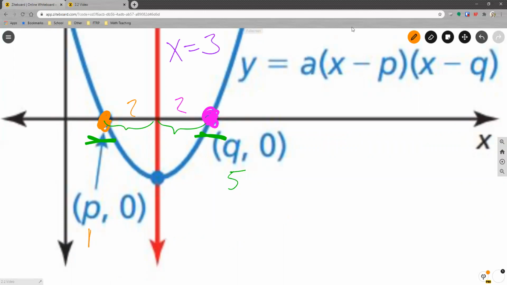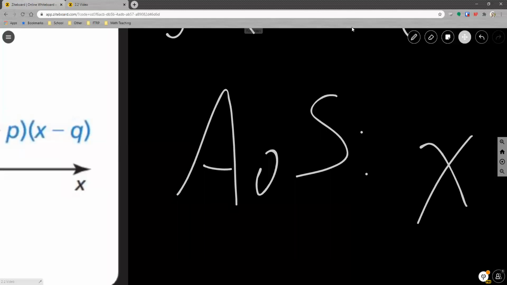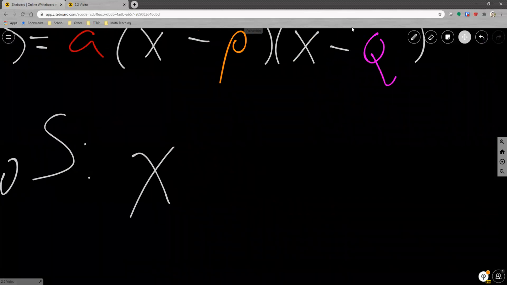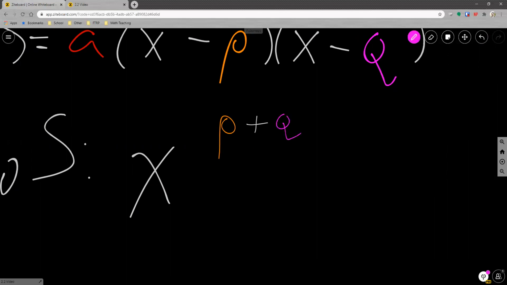So that axis of symmetry is always going to be exactly in the middle between the two x-intercepts. What that means is that I can find the axis of symmetry by setting up this simple equation where I take my p value, add it to my q value, and divide by 2.